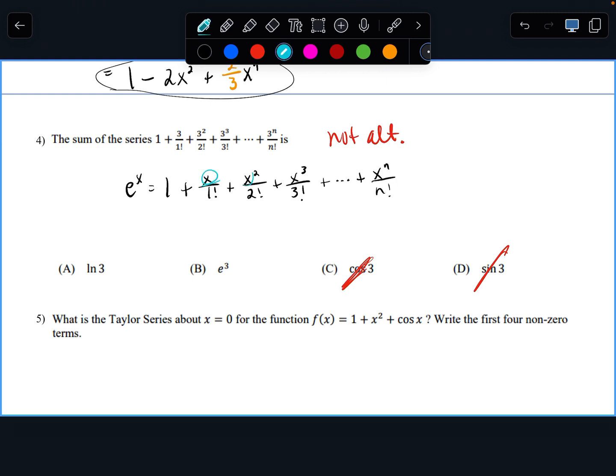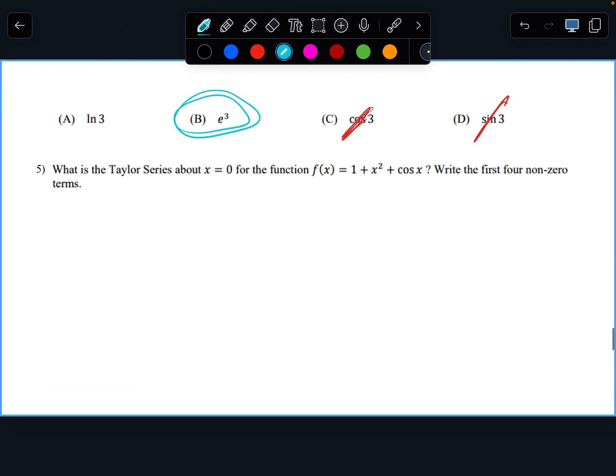And instead of all the x's, they put 3's. Do you know what I'm saying? So instead of all the x's, they put a 3 there. So they must be finding e to the 3rd. So when they give you a series, you have to pull out of your brain all the different ones you have memorized to see which one it looks like the most. Okay.